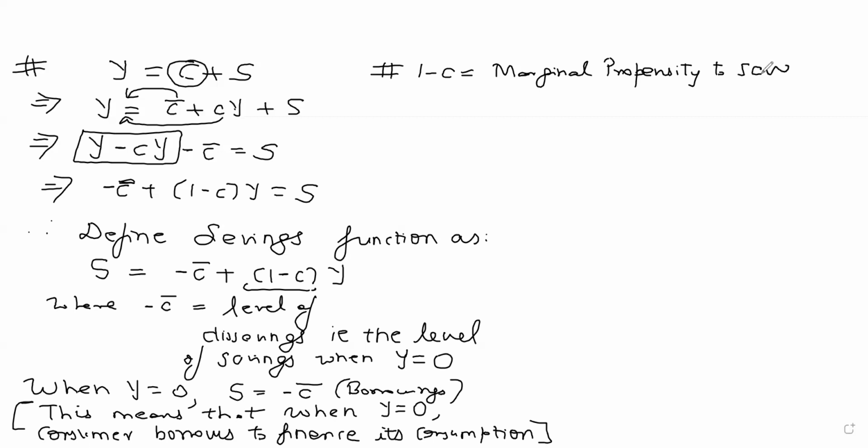It denotes marginal propensity to save, short form MPS.